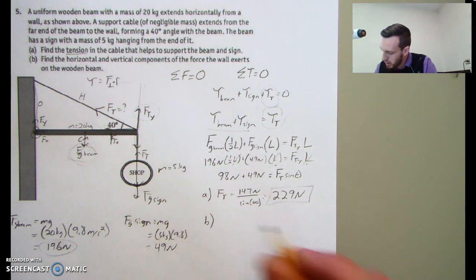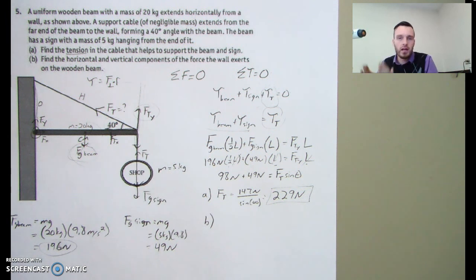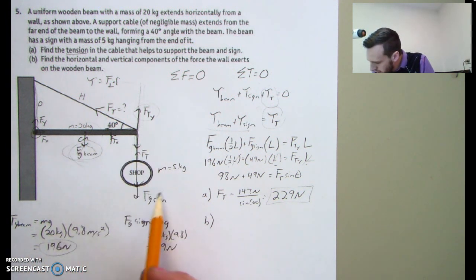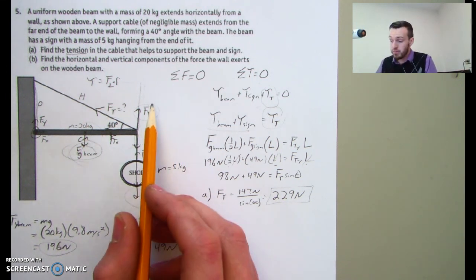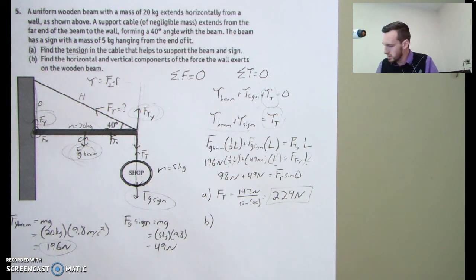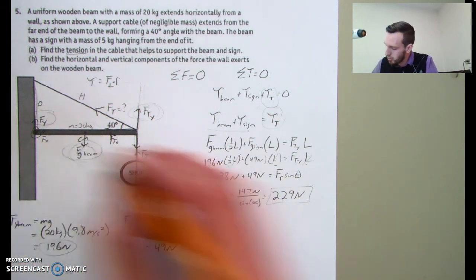So for part 1 here, I'm going to look at all the up and down forces. So let's see, we have the force of gravity of the beam and the force of gravity of the sign. Those are both downward forces. And we have Fty, and we have Fy of the wall, which is what it's asking us to find. So I'm going to set upward equal to positive.